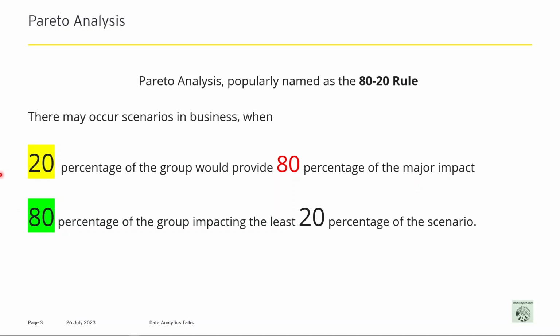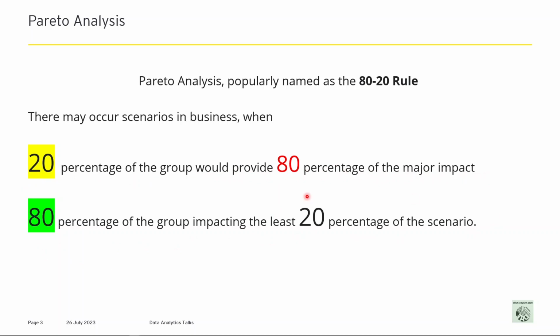Pareto analysis, popularly named the 80-20 rule, is an effective strategy to look into the relativity across the causes of a problem. There could be scenarios in business where 20% of the group would provide 80% of the major impact, and 80% of the group impacting the least 20% of the scenario.